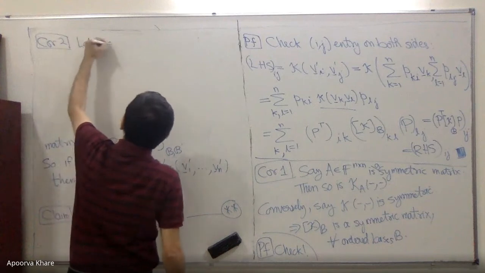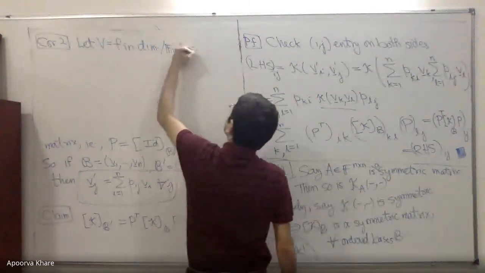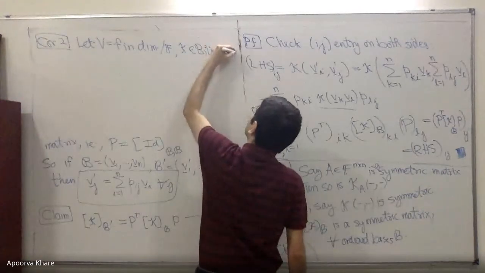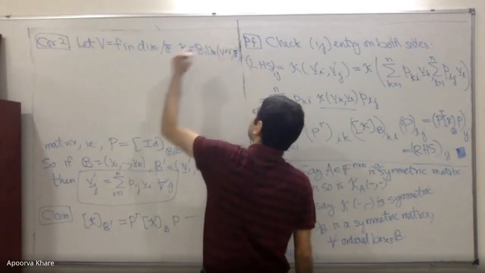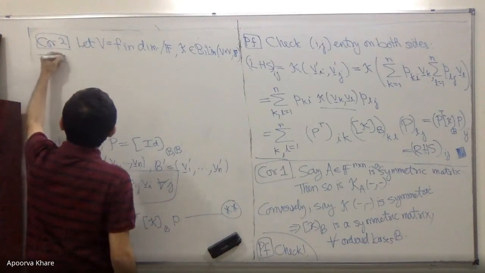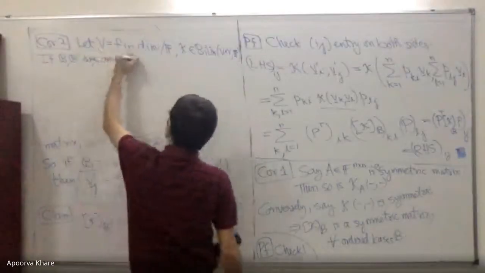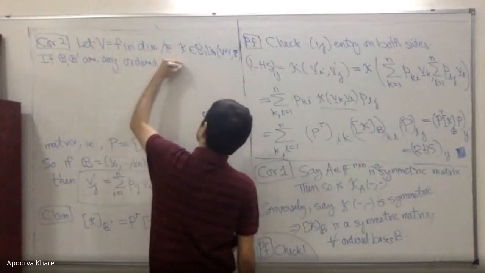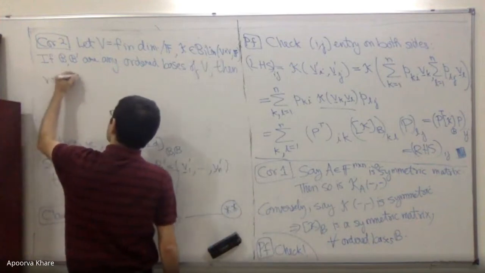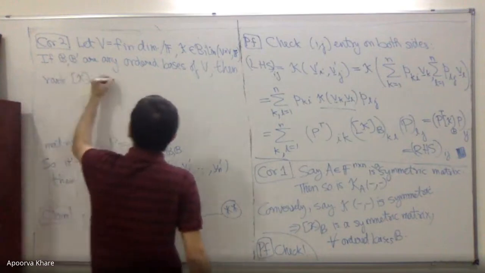Let V be finite dimensional and kappa a bilinear form, in the bilinear maps from V cross V to F. If B and B prime are any two ordered bases of V, then the rank of kappa with respect to the basis B equals the rank of kappa with respect to B prime.